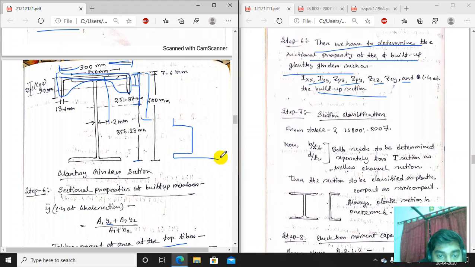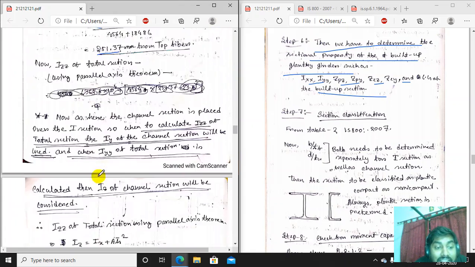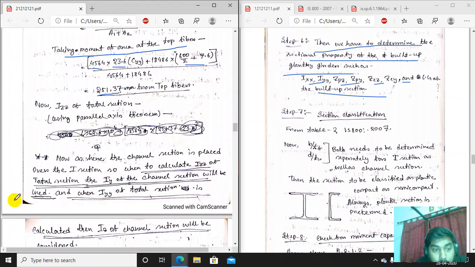Now when we are determining the IZZ, consider this is the I section, this is the channel section. This is the Z axis of the I, this is the Y axis of the I, this is the Z axis of the channel, this is the Y axis of the channel.